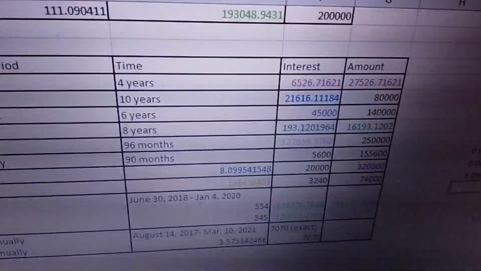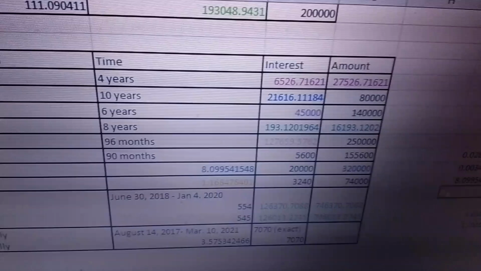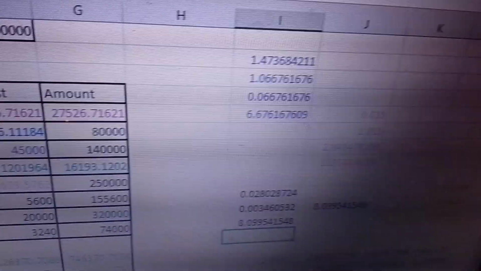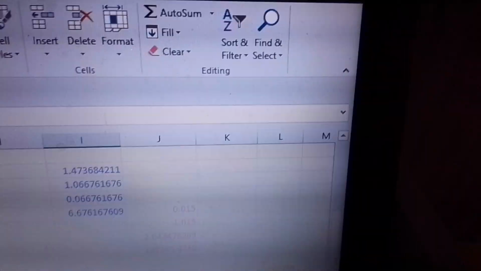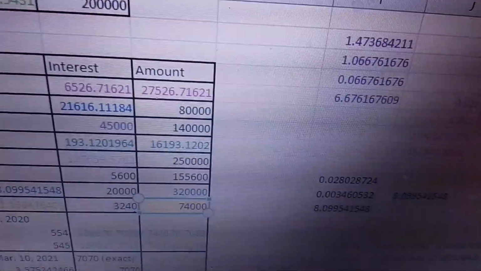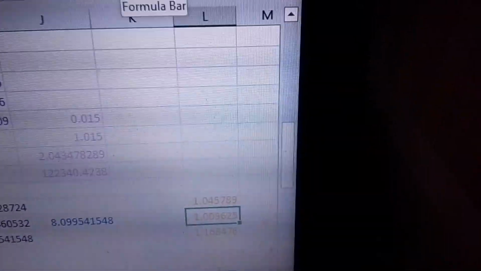And then, for number 8, dapat we're supposed to get, ano yun? 62,000, you're supposed to get the answer of 1.17 years. How did I get that? First, di ba remember ang sabi ko, we take the log of the future value divided by the, ano yun? The P. And that's the 1, di ba? Taking the future value, divide by the present value. And we get this answer, 1.045. And then the 1.009, that is doing the formula.